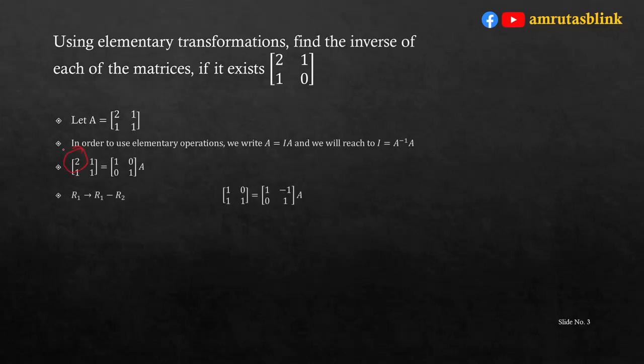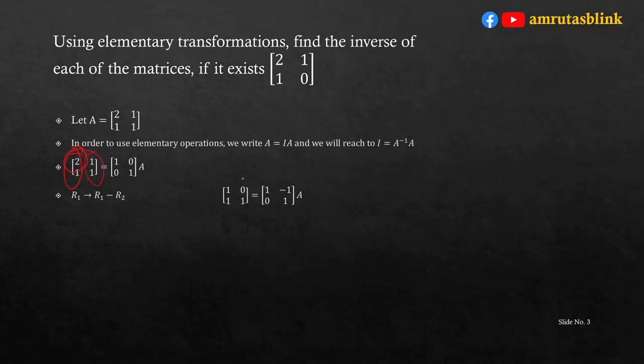Now, in order to bring 1 in place of this 2, the first elementary operation is R1 equals R1 minus R2. If we subtract 1 from 2, we get 1, so the first row first element will be 1. Now, 2 minus 1 is equal to 1 and 1 minus 0 is equal to 0.